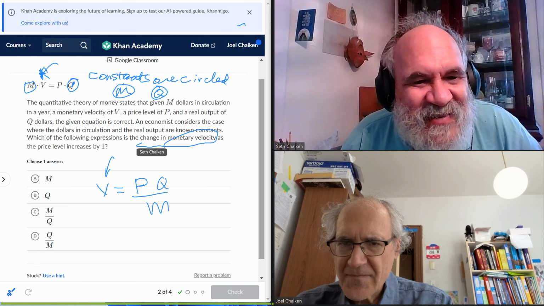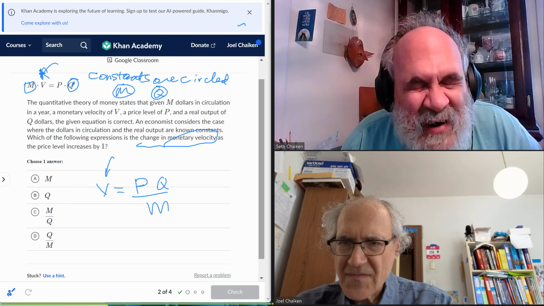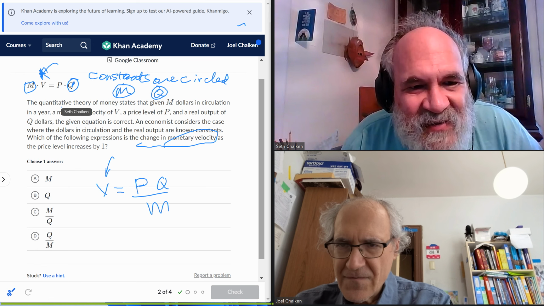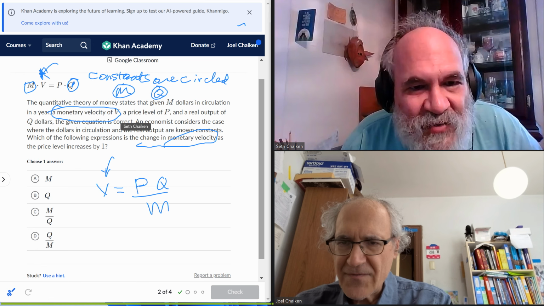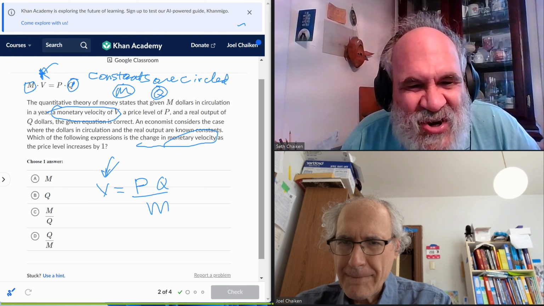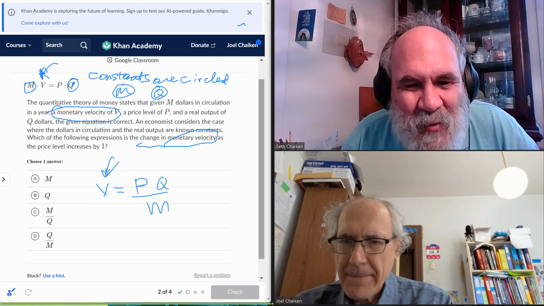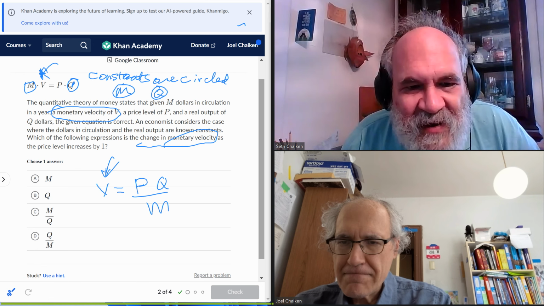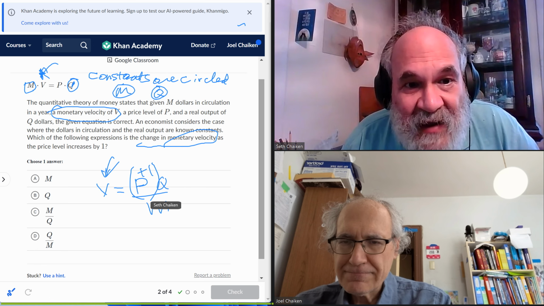Which of these variables is the monetary velocity? That's V. So what we want is to find the change in V when P goes up by 1. So let P go up by 1.